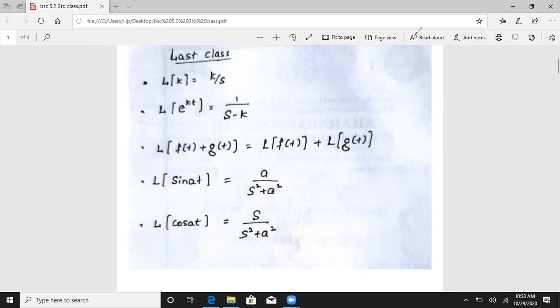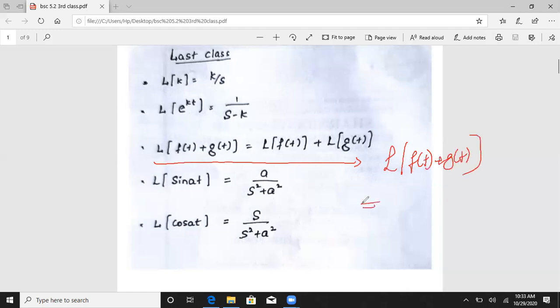Next, the Laplace transformation of two functions. The Laplace transformation of f plus g is equal to the separate Laplace transformation of the first function plus the Laplace transformation of the second function. We have already seen some examples of it.